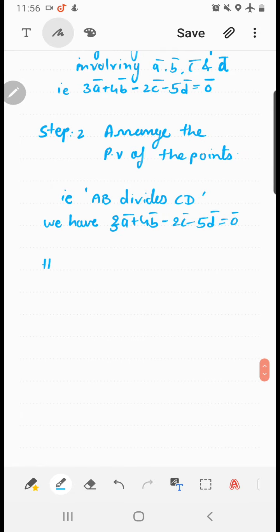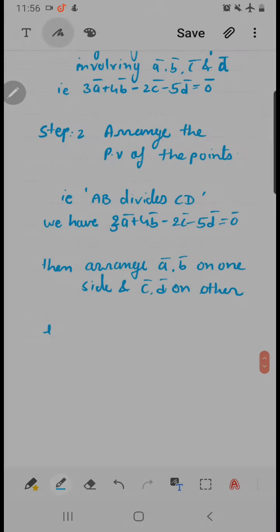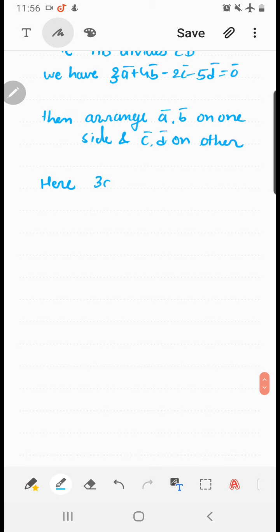Then we arrange A bar, B bar on one side and C bar, D bar on the other. So we'll write this as 3A bar plus 4B bar is equal to 2C bar plus 5D bar.